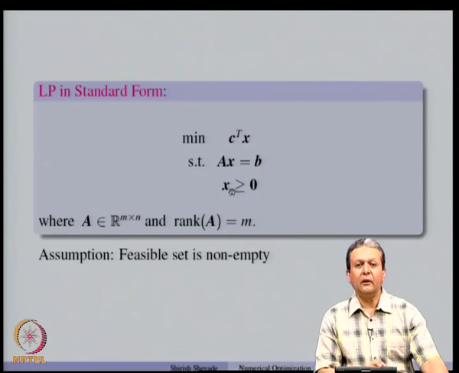Further, the non-negativity constraints may not always be there, but despite all that, we can always convert any linear program to the standard form, and let us see how to do that.